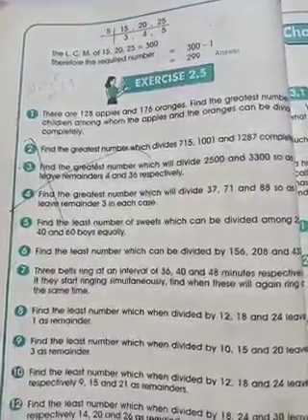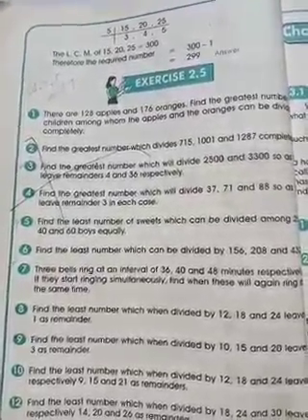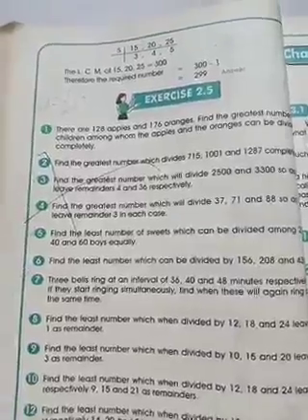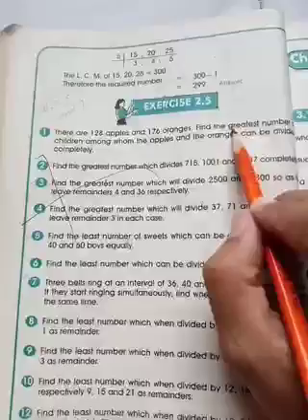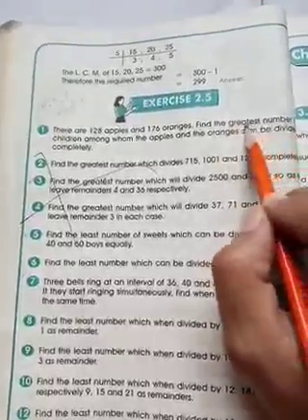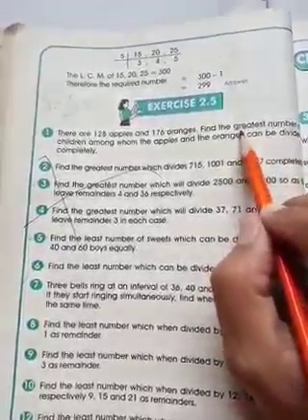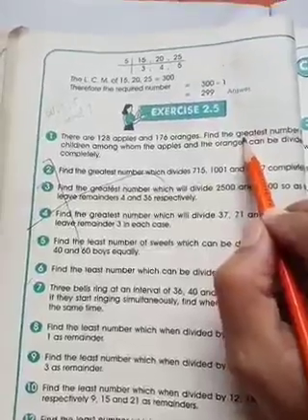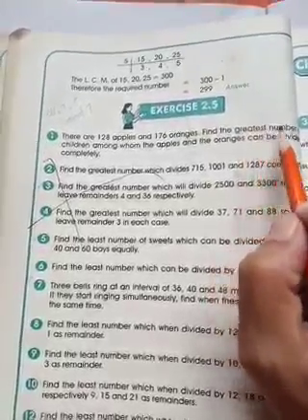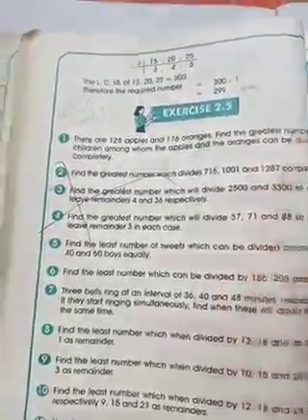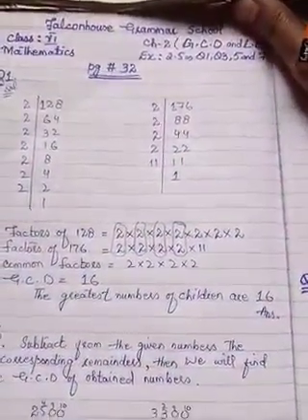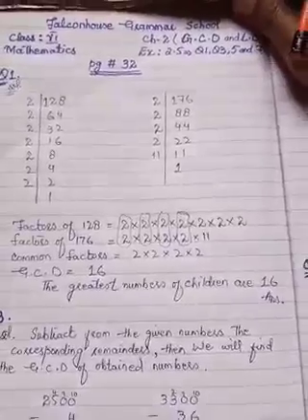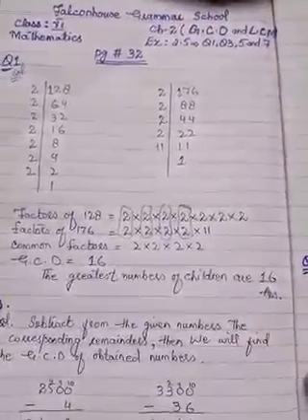So students, how can you find out the number of children? They told you to find the greatest number. From the word greatest you can get the clue. What is required is the greatest number, meaning the GCD, the greatest common divisor. It means the greatest number of children required.